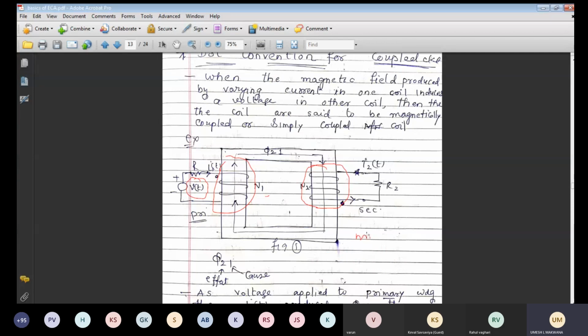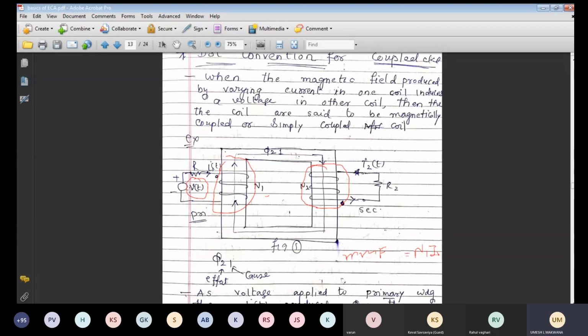MMF is given by N into I, the number of turns into I. Here the number of turns is N1, a known value, so N1 into I. Now N1 into I is known as MMF.